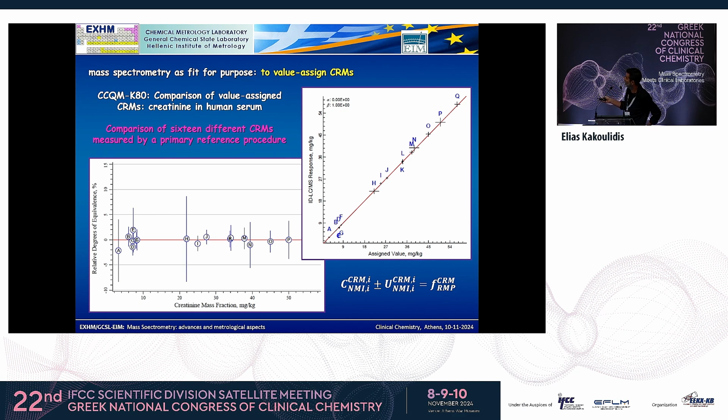You see that they agree within their uncertainties with a measured value, and they fall into a line with a slope of 1, which means that the assigned value was the one that was measured by the institute. So these calibrators are correct. So metrology institutes have provided materials that are very useful.